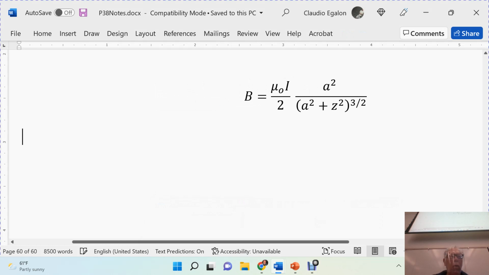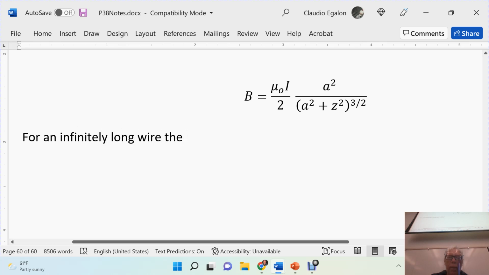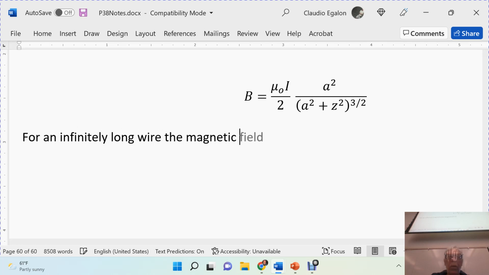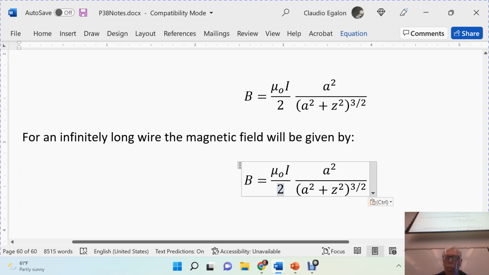For an infinitely long wire, the magnetic field will be given by mu naught I over 2 pi r.